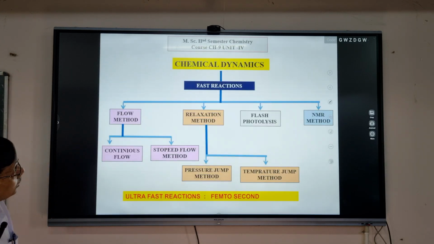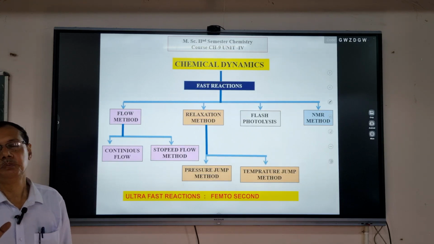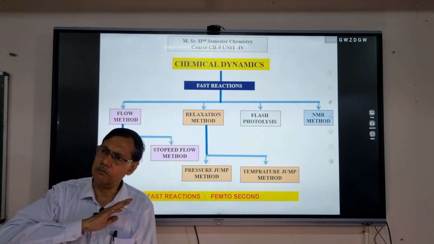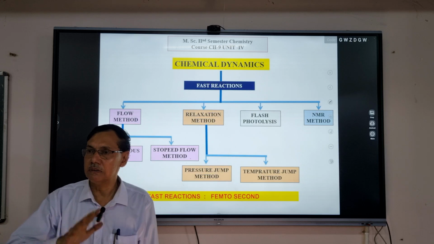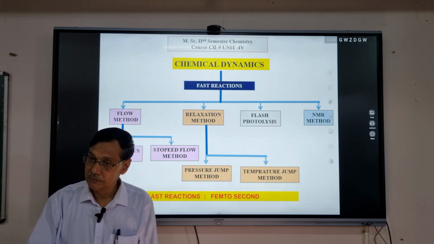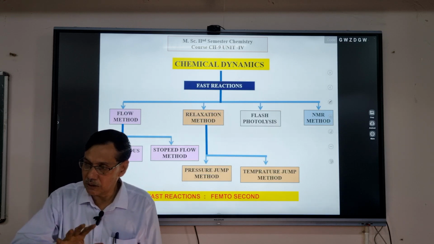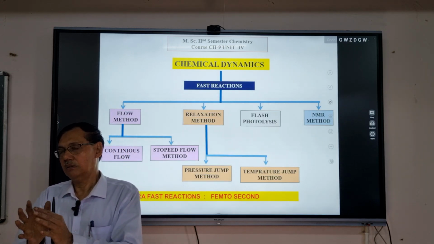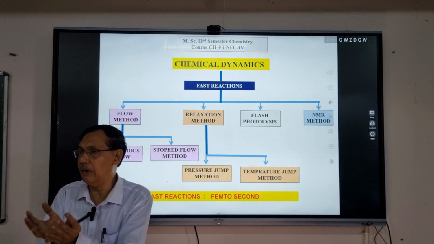But now I am coming to your course, because as I told you, a large number of methods are available. But you are also concerned about your examination and your course content.